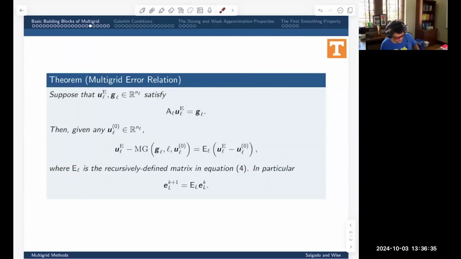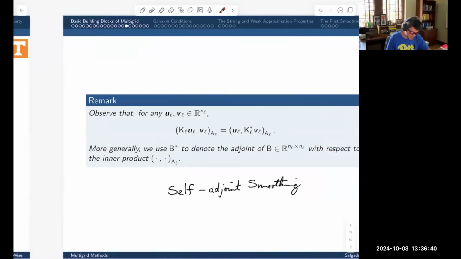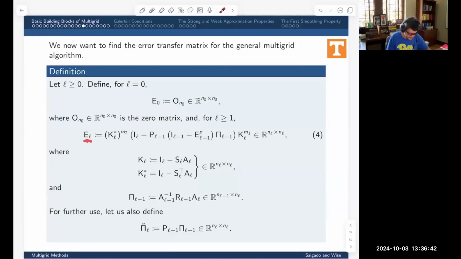All right, so now I want to actually prove that this complicated, and by the way, it's recursively defined because this error transfer matrix is defined by the error transfer matrix on the level below.